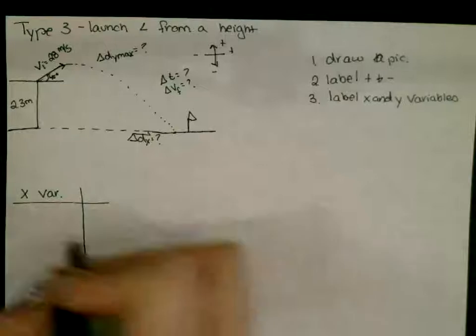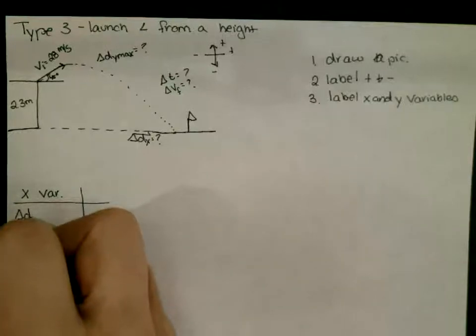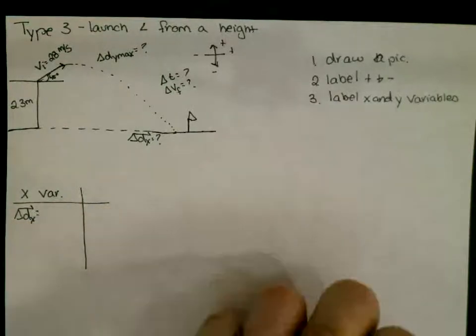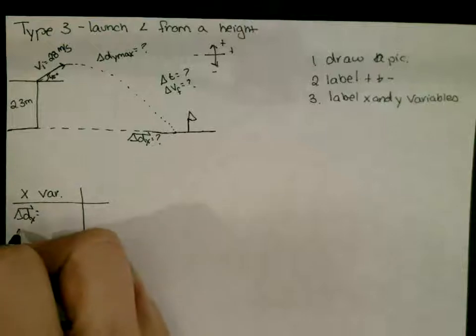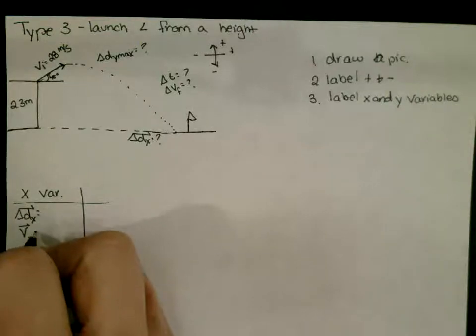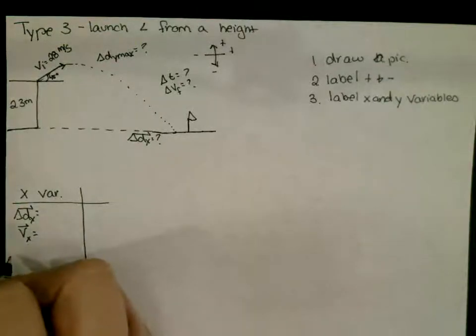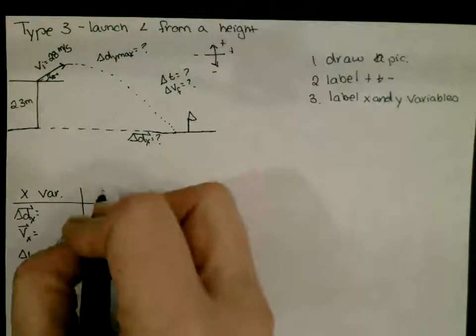So my x variables are my range, my horizontal velocity, my change in time.